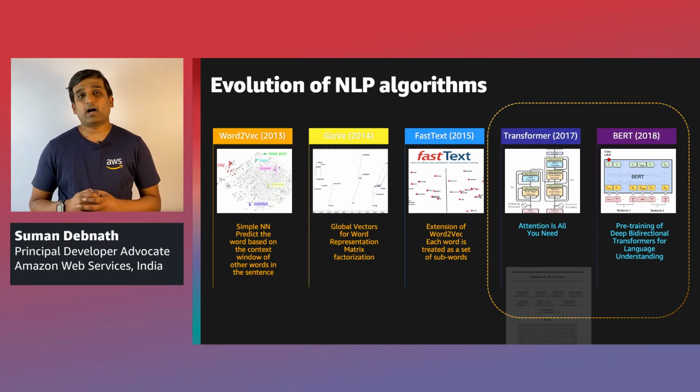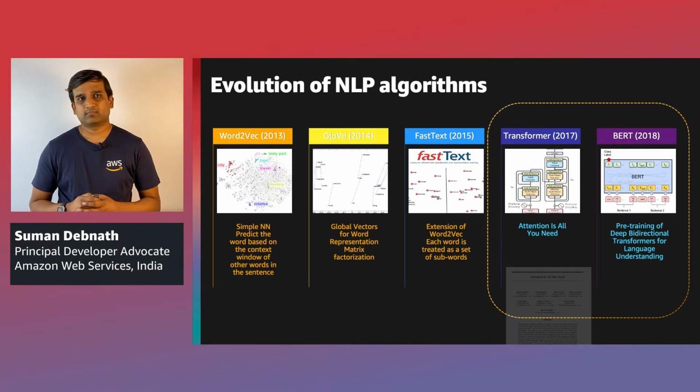The transformer outperformed the existing state-of-the-art models and became a key component of NLP. And since then, we got many new NLP models which are based on transformer architecture, such as BERT, GPT, and T5.